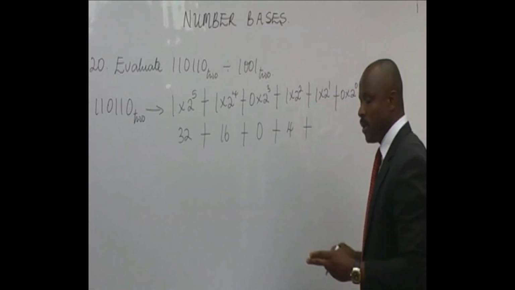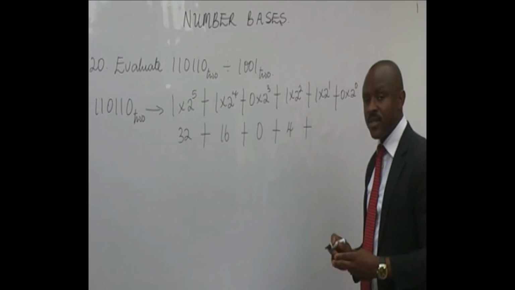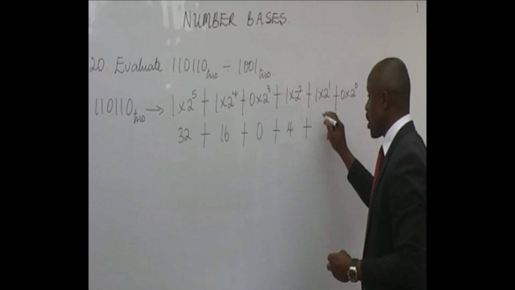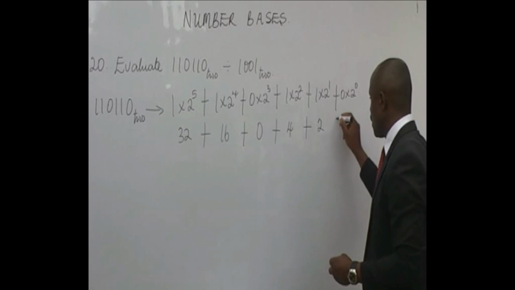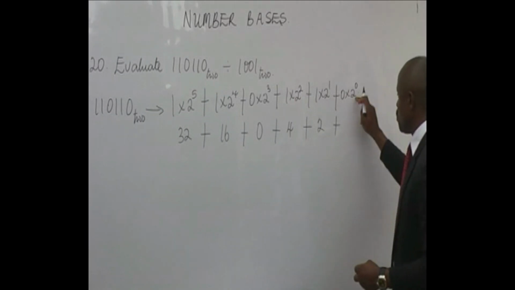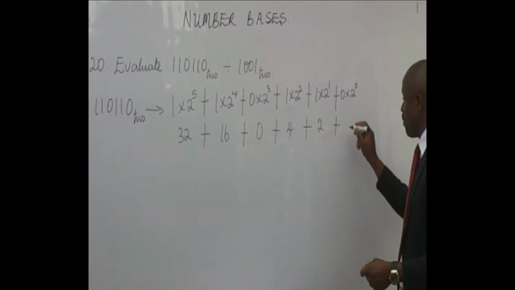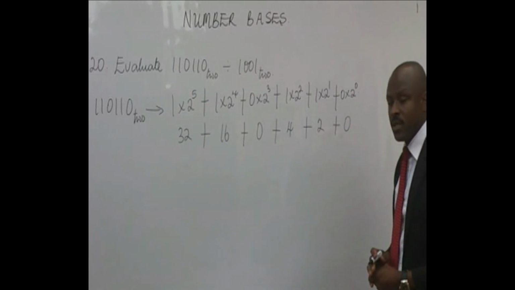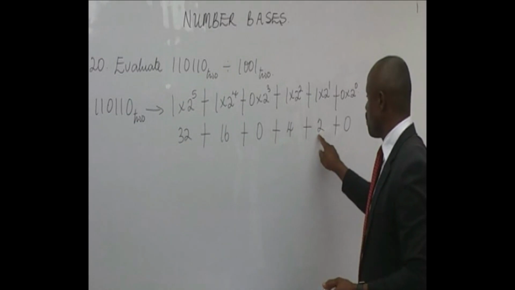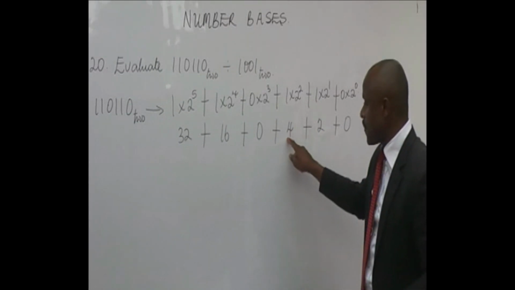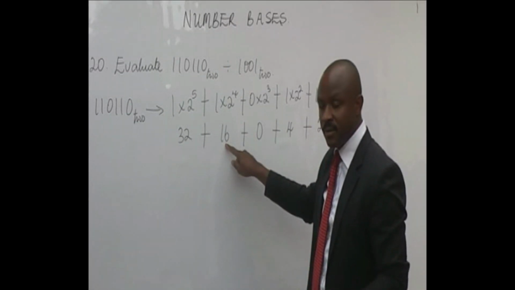Plus 2 exponent 1 means 2. 2 times 1 will give you 2. Plus 2 exponent 0 is 1. 1 times 0 will give you 0. So now let's add. 2 plus 4 is 6. Plus 6 is 12.